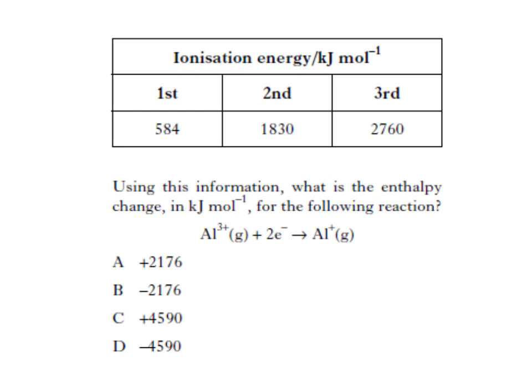Now, if we're going from Al to Al+, the first ionization energy, and you want to reverse that and go from Al+ to Al, then that will require the negative of that amount, so negative 584. So try and use that information to answer this question, please.